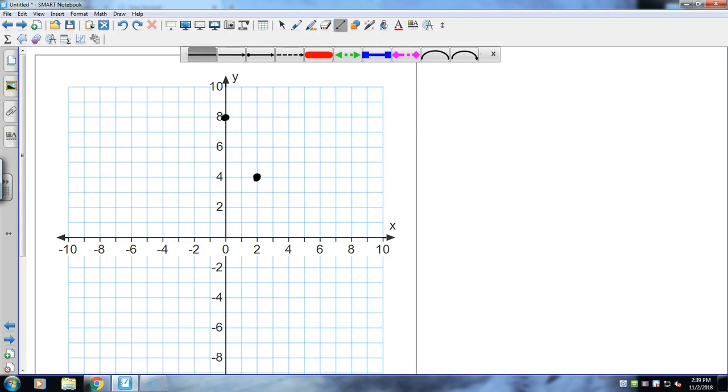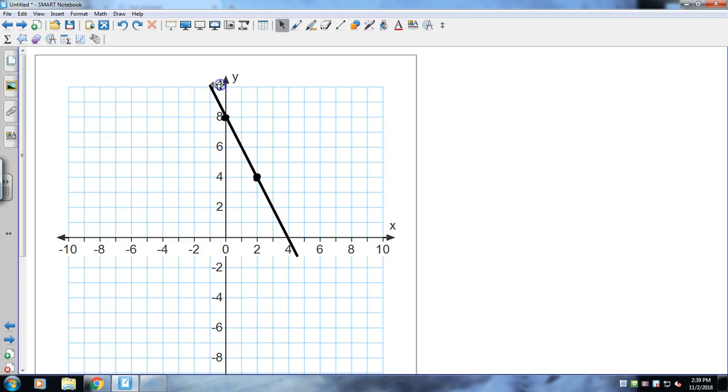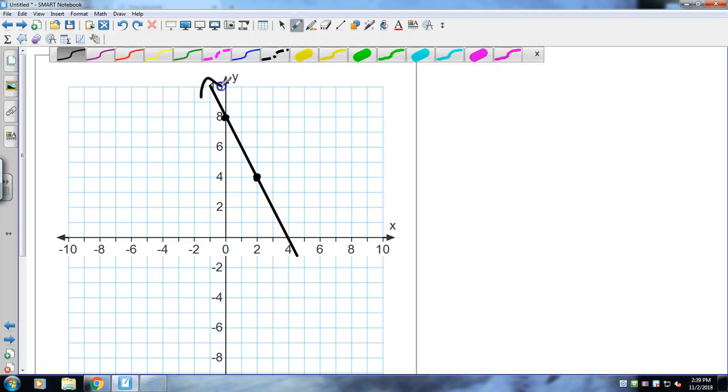And so if I were to make this line, there we go, that's better. And then they tell you that this point is (0, 8) and this is (2, 4). They're going to ask you to put that in y equals mx plus b form. So the first thing I'll ask you is what's the y-intercept?